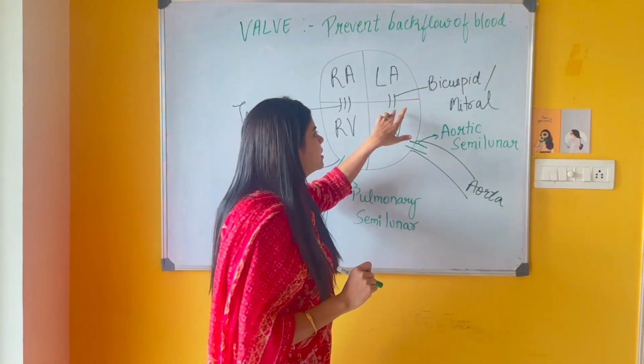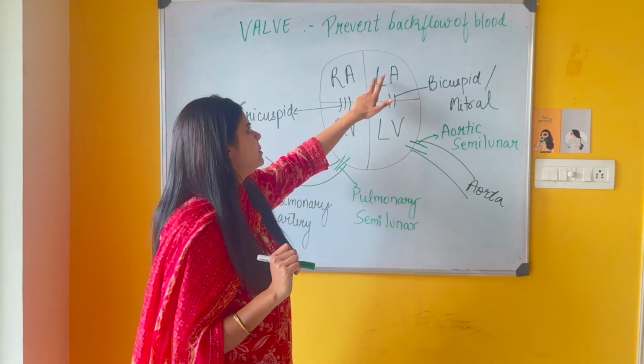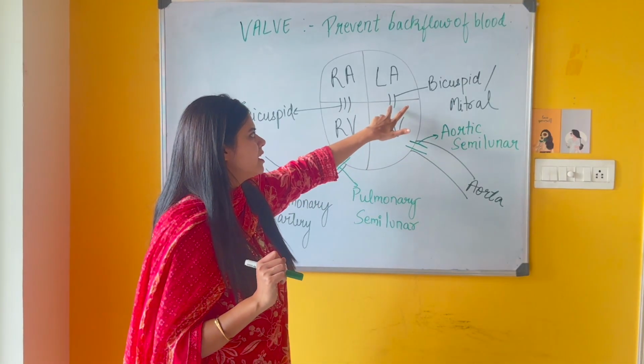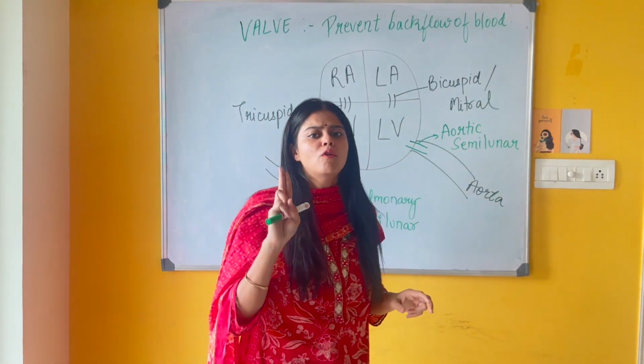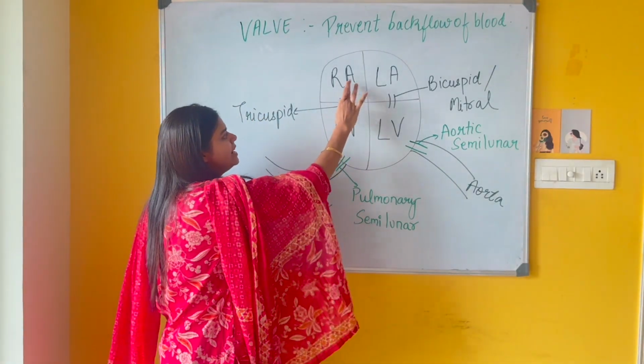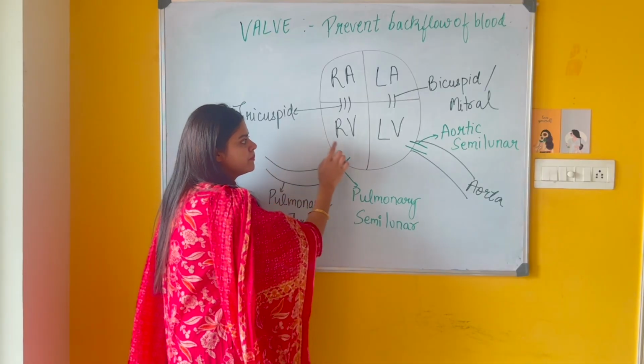Now coming to the next topic, valves of the heart. So there are valves present in the heart. The valve which is present between the left auricle and left ventricle is called bicuspid. Another name is mitral valve. The valve which is present between the right auricle and right ventricle is called the tricuspid valve.